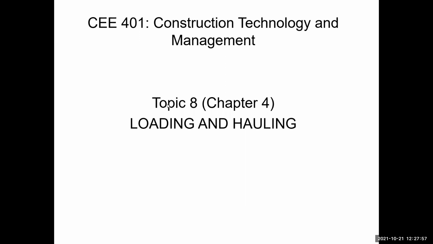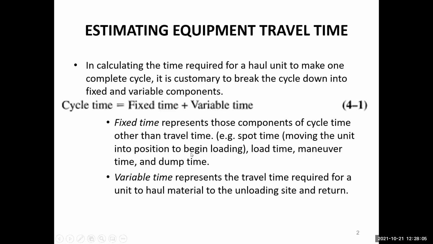So topic number 8, loading and hauling. In loading and hauling equipment, the purpose is to carry the load from one location to another, and these locations are at relatively greater distances.